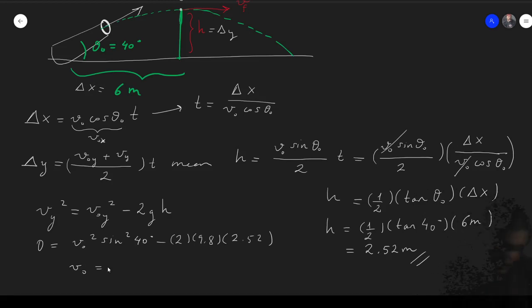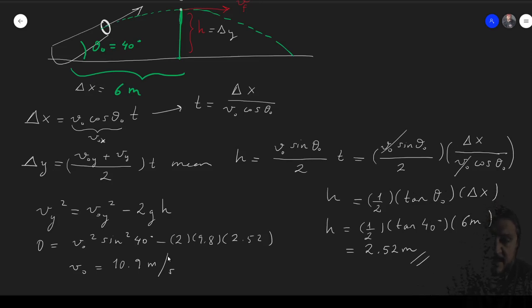So 2 times 9.8 times 2.52, divide by sine 40, again divide by sine 40, and take the square root. 10.9 meters per second.